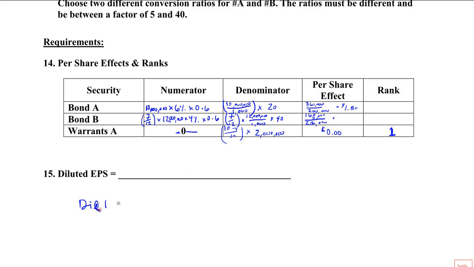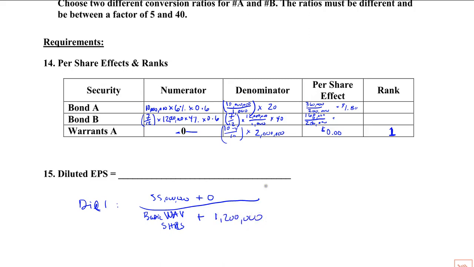So your first one is with the warrants, where you'd have 55 million over basic WAB shares plus 60% of 2 million, which would be 1.2 million.